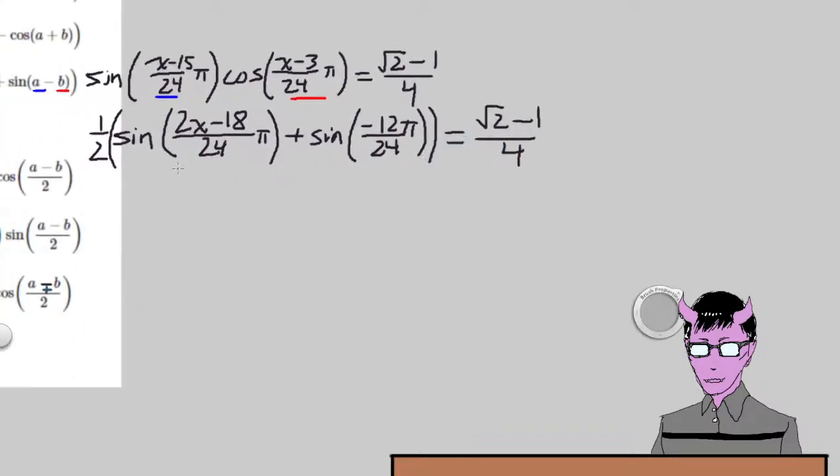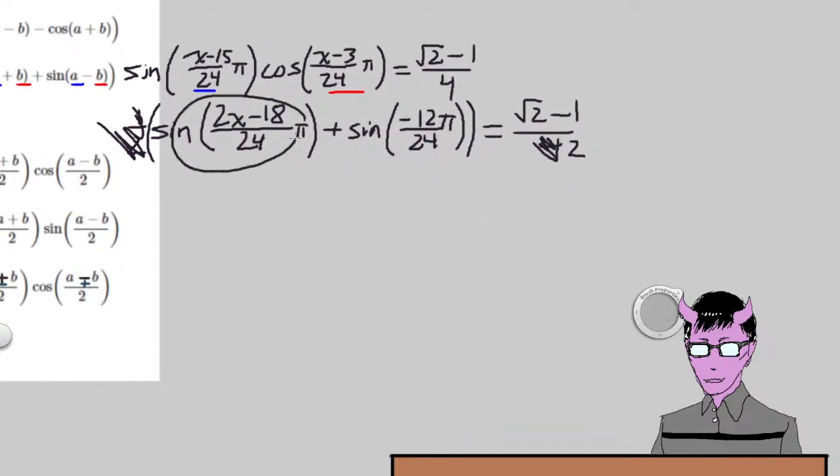Alright, so we might as well multiply both sides by 2. So times 2 and then times 2. This one is kind of a mess, but we can at least simplify this nonsense. Divide by 2, divide by 2, divide by 2.